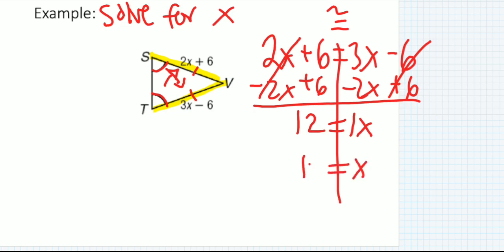It's going to give you 12 still anyways. So x is equal to 12. I know I did that a little bit fast. For those of you that need to, solve it one step at a time: move the 2x first, then bring everything down, and then move this -6. Go ahead and do that, okay? But you're still going to get the exact same answer.